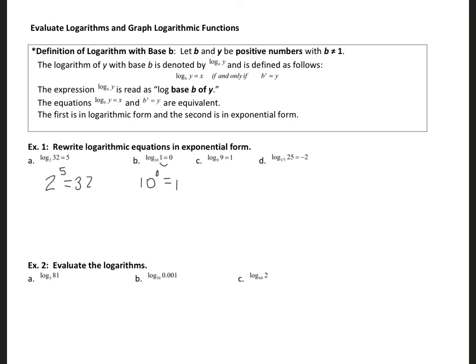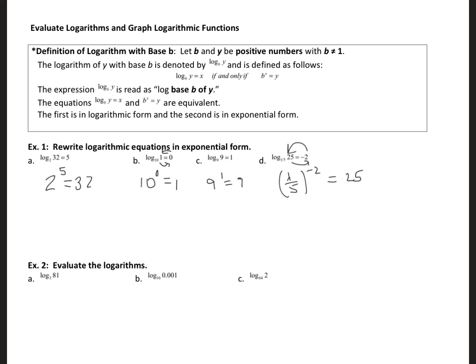See the way I'm going from here and then back there. Then 9 raised to 1 is 9. 1 over 5, you start with a base, 1 over 5, you raise it to -2, and then you get the result, which is 25.